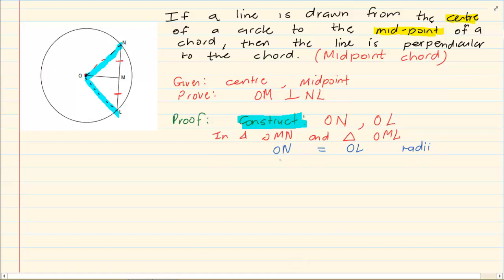Then we have that OM is equal to OM. It's common. Common means it is the same one in both the triangles. OM is in the one triangle and OM is in the second triangle. Then we have that MN is equal to ML. Why? This was given to us. In the beginning they had said that the line from the center goes to the midpoint. So it was given to us that that's the middle, making it equal.